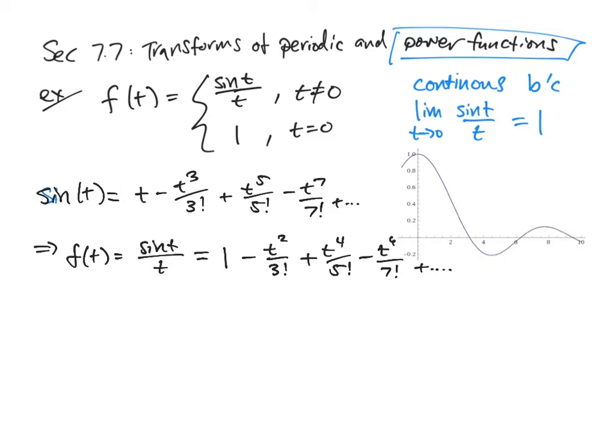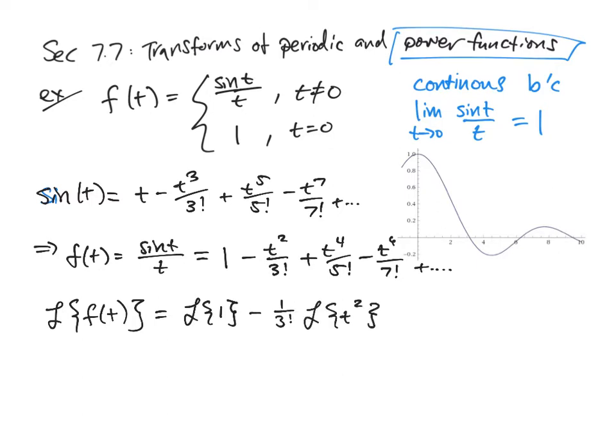And so that means that we're going to take the Laplace transform of f of t and do this term by term. So we get the Laplace transform of 1 minus 1 over 3 factorial times the Laplace transform of t squared, etc., etc.